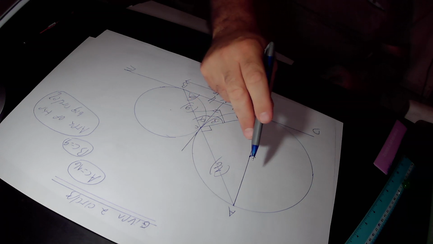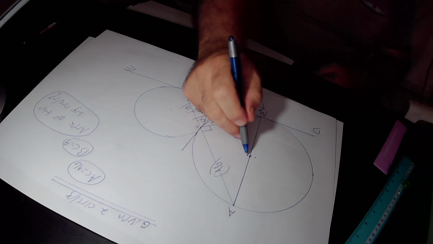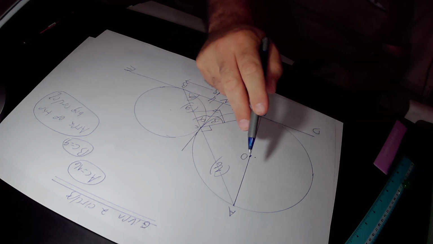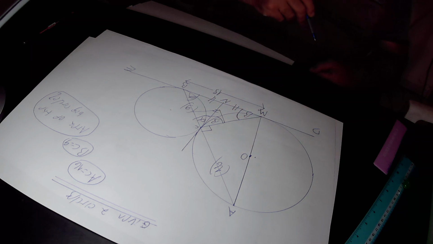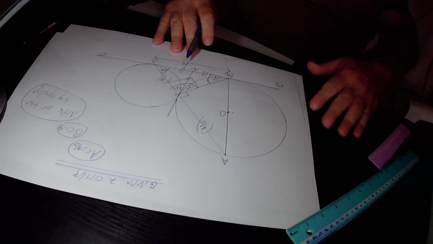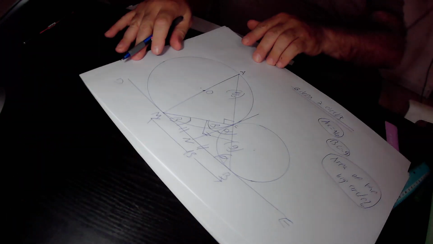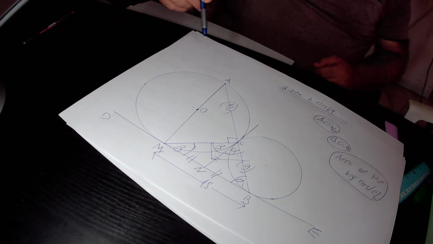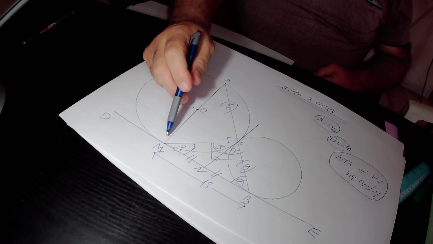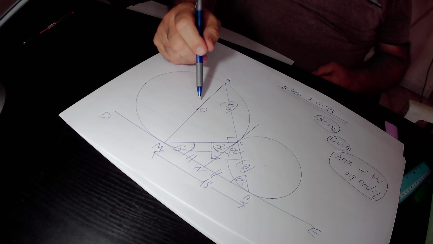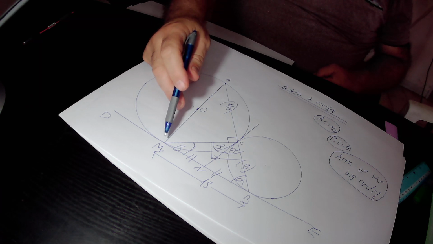We define the center of this big circle as O. You can see here that point O is located on AM, that is the diameter of this big circle. So actually, point O is the center of this big circle, point M is a point on the big circle itself, therefore OM is the radius of this circle.